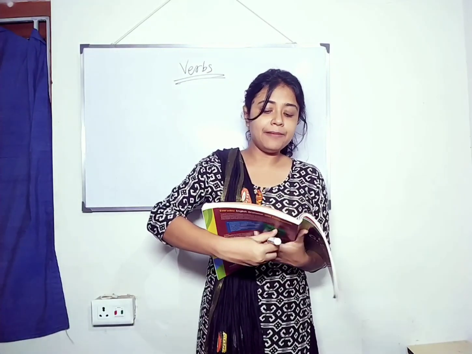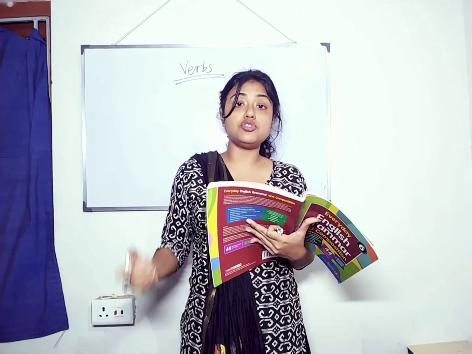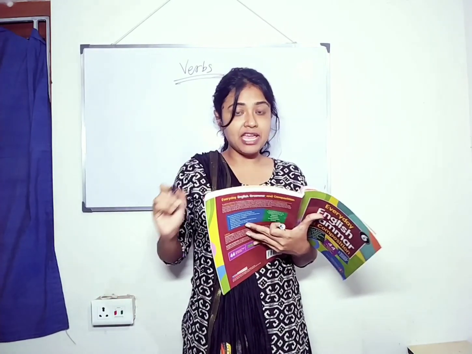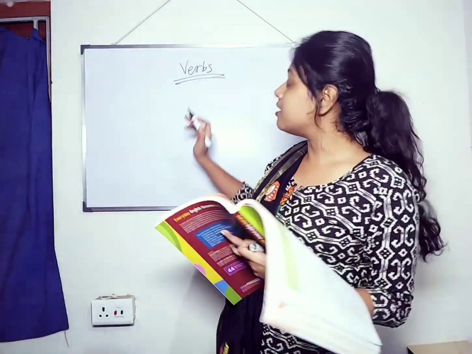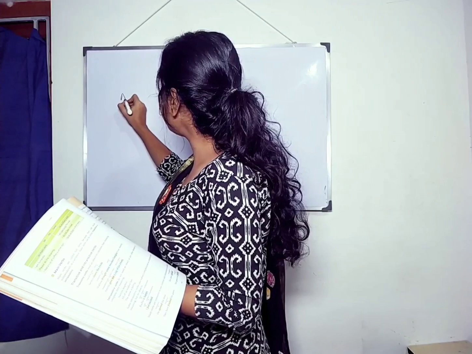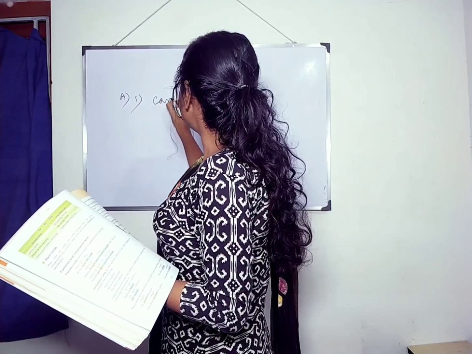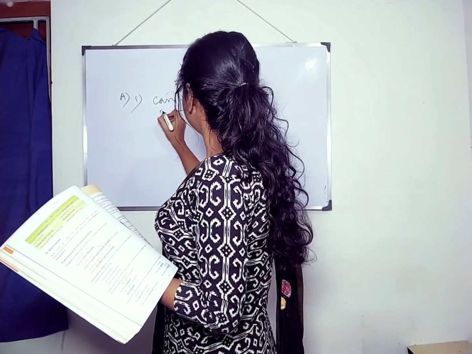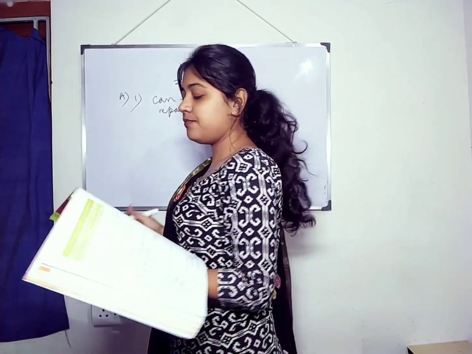So you will first copy the question, as the instruction of the question is to underline the auxiliary verb and circle the main verb. So you have to copy the question. I am writing here just the answers. So A1, can will be what? Can will be auxiliary and repair will be main verb, right?